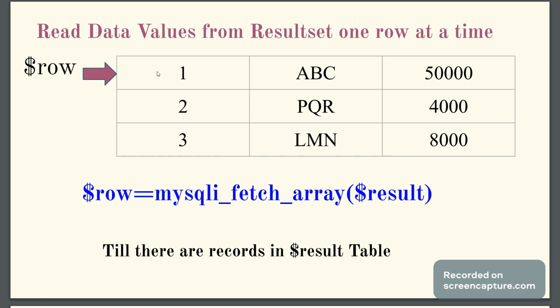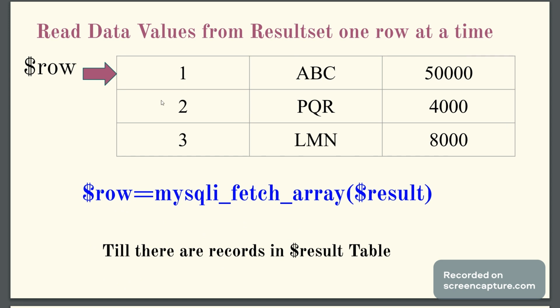So I have to read one row at a time from this result set. For that we have to use the method mysqli_fetch_array, and in bracket give the output of the select query, which is in the result variable, and that one row will be fetched, and we will take it into the $row variable.